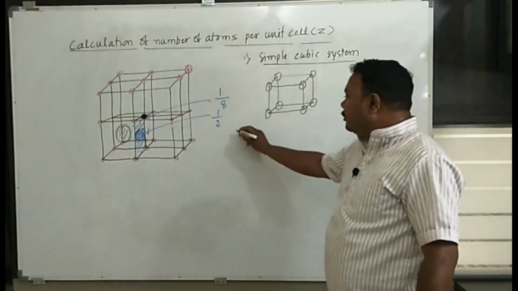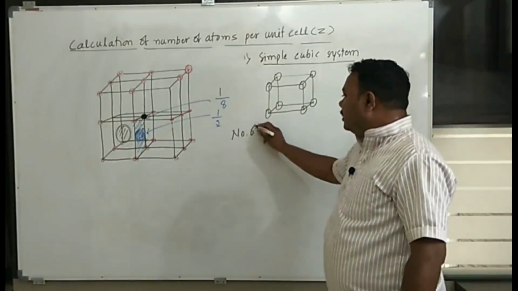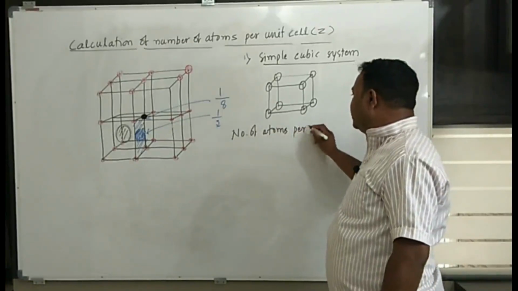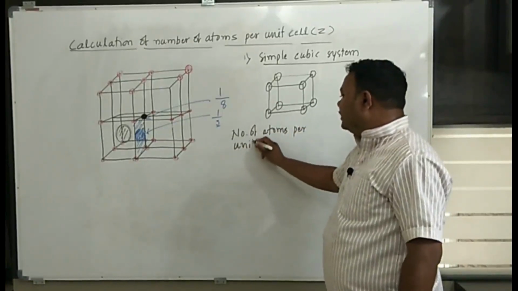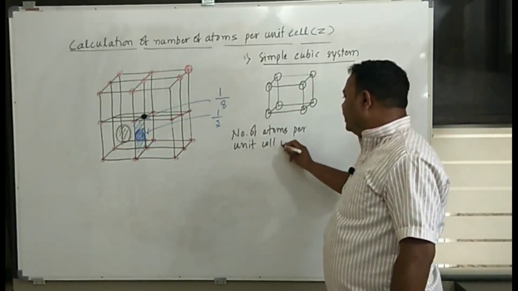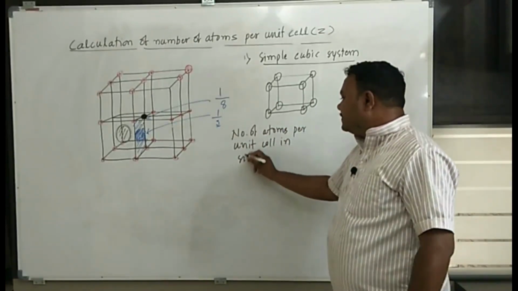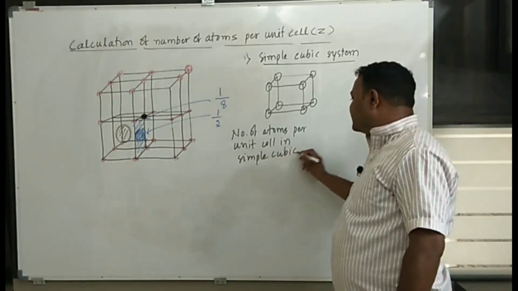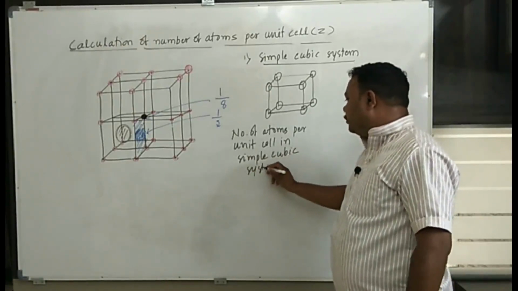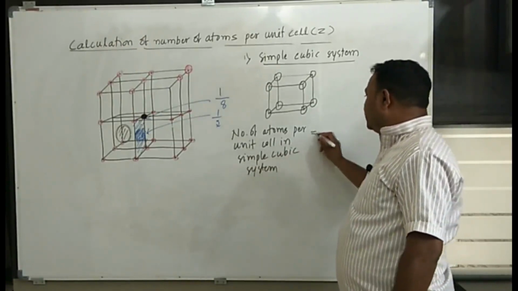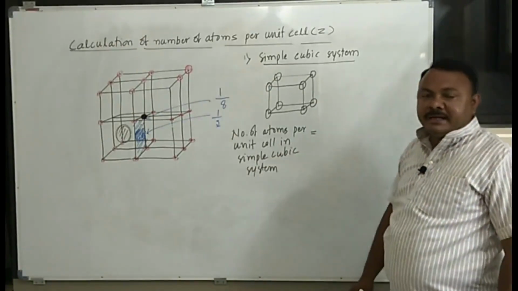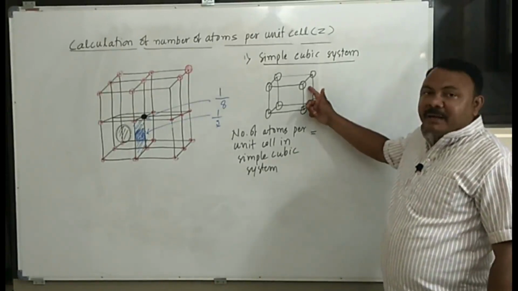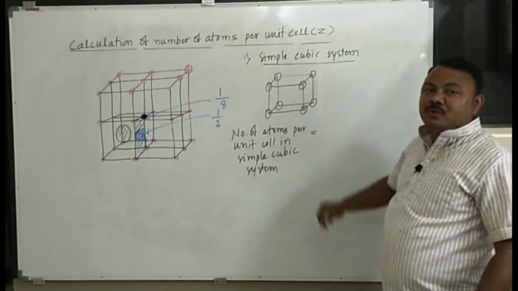Now, I am going to calculate the number of atoms per unit cell in the simple cubic system. For this, I have to take the contribution of one particle for the unit cell. I told you 1/8th part of each particle belongs to one unit cell.